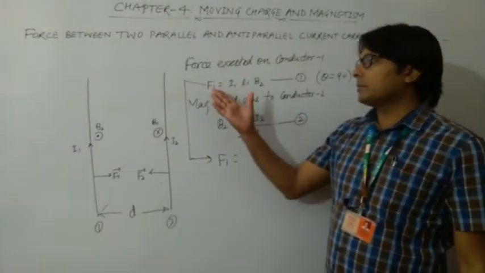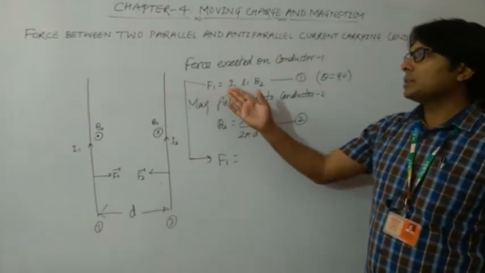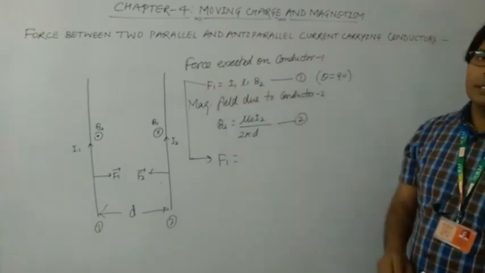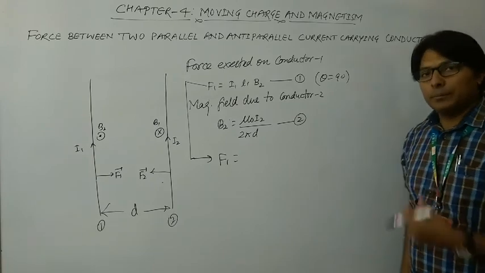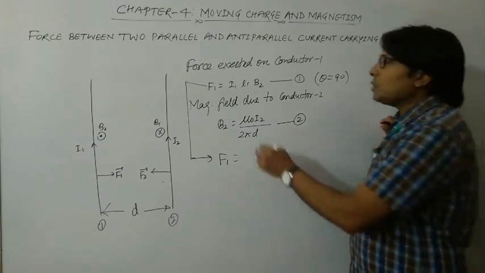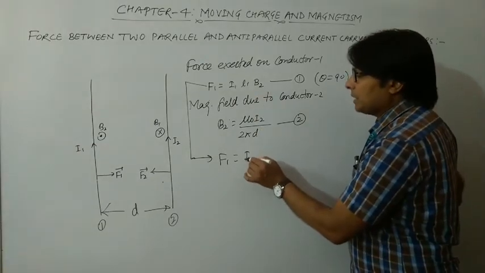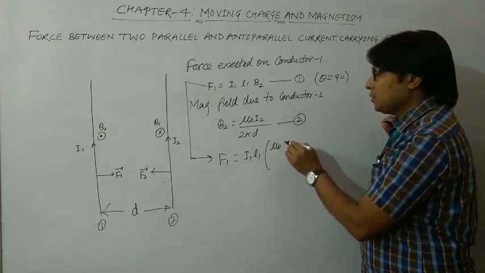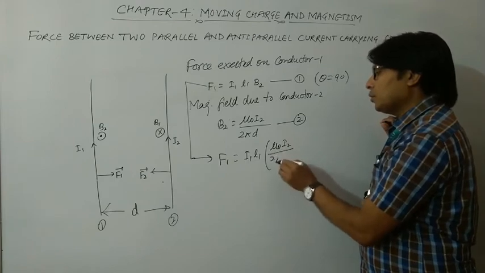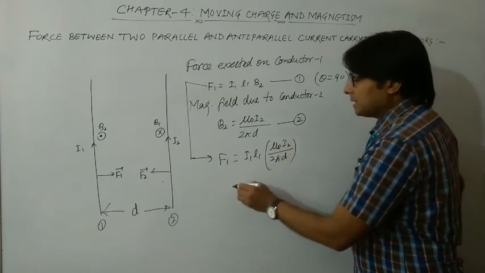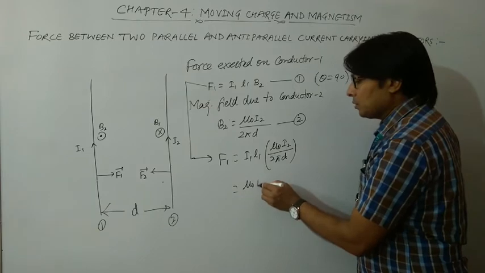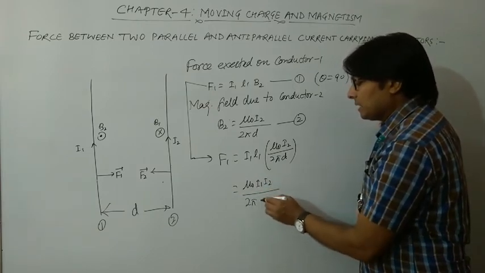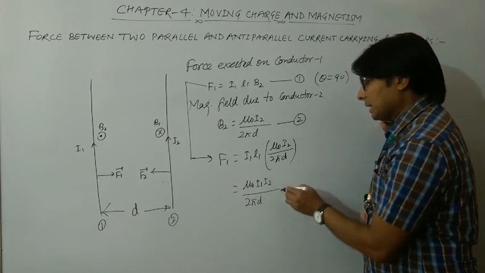So therefore I have written F1 is equal to ILB sine 90, that is ILB, or I1 L1 B2, in fact. Okay. So F1 is equal to I1 L1, and in place of B2, mu 0 I2 upon 2 pi D, and this can be written as mu 0 I1 I2 upon 2 pi D into L1.